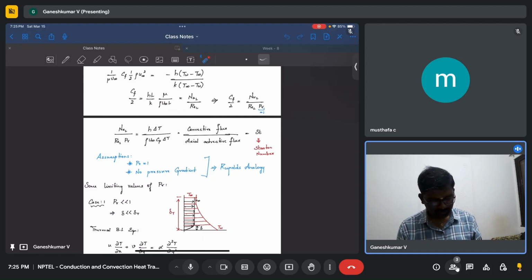Okay, so the Stanton number is nothing but convective flux divided by axial advective flux. Basically the fluid is flowing, and while flowing it is also taking some heat.